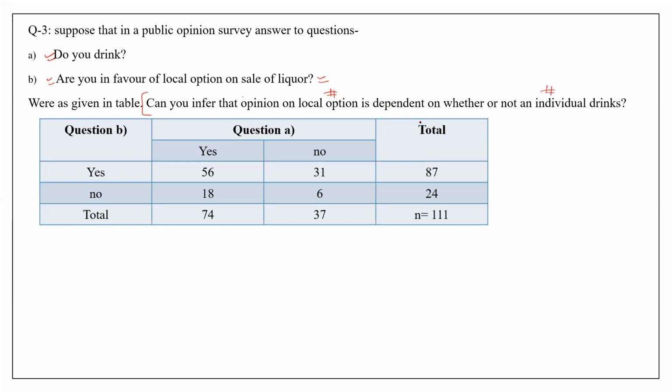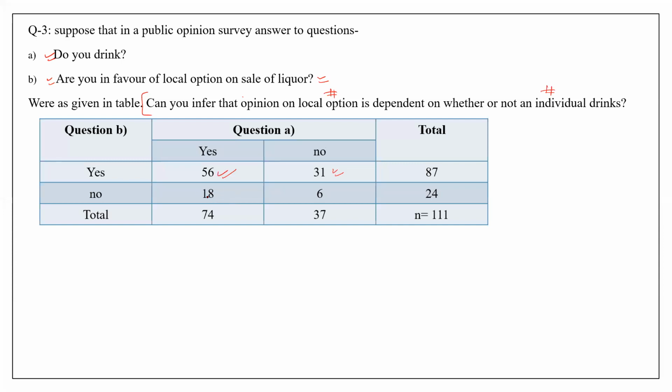So you have to check whether in the local area the sale of the liquor has any dependency on whether the individual drinks or not, based on the data. So here the question A, yes or no. So 56 people said yes they drink and 31 said they don't drink, right?